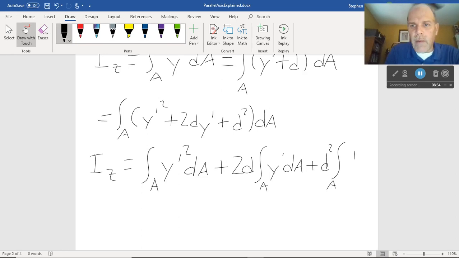I got a little y prime on the brain on that one. Okay, so I've got the integral over the area of y prime squared dA plus 2d integral over the area of y prime dA plus d squared integral of the area of just dA.